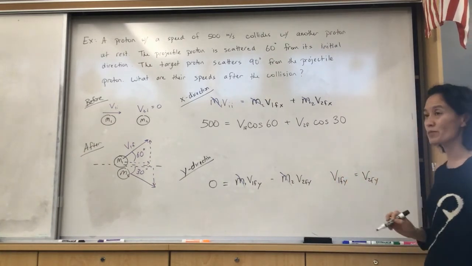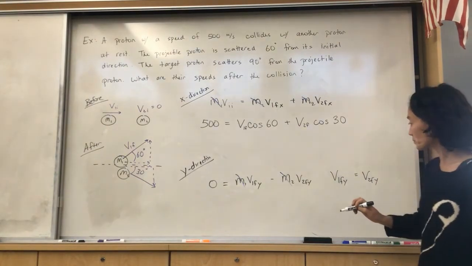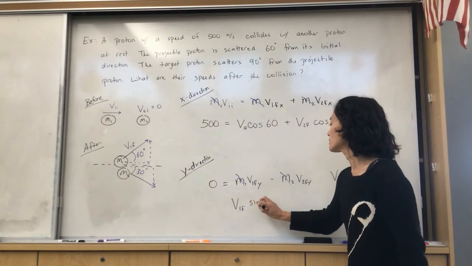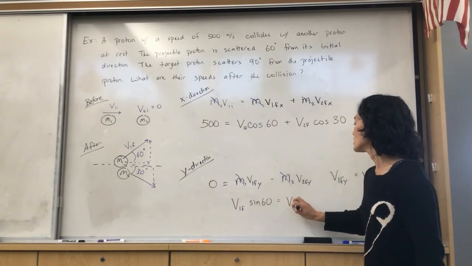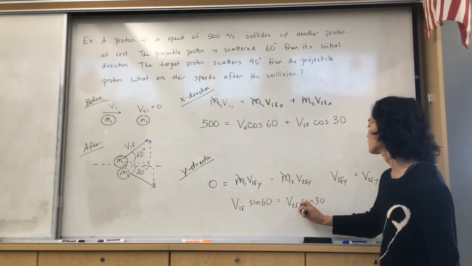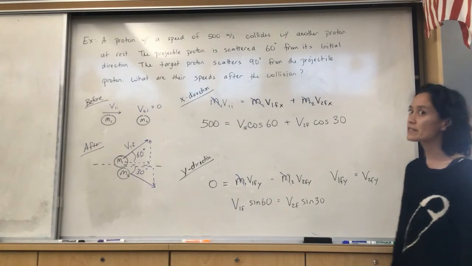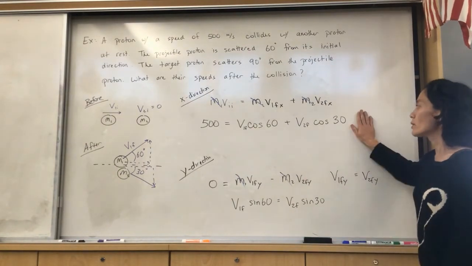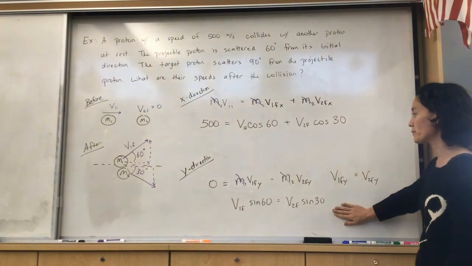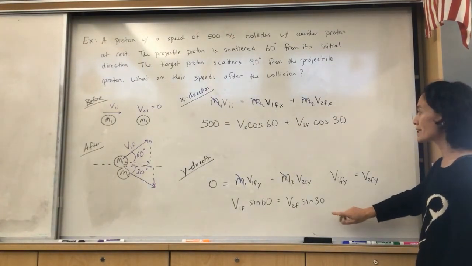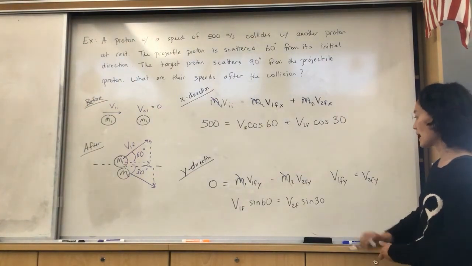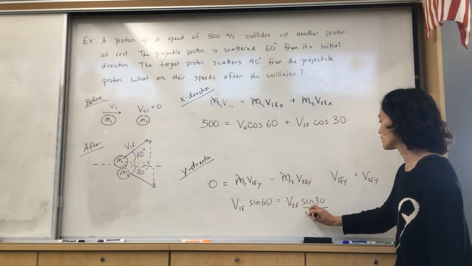Let's put this in terms of the sine. So V1 final sine of 60 is equal to V2 final sine of 30. We've got a system of equations. This equation has a V1 final and a V2 final, and this equation has a V1 final and a V2 final, so we're going to substitute. It's easiest to solve for one of these, so we'll divide both sides by sine 30.